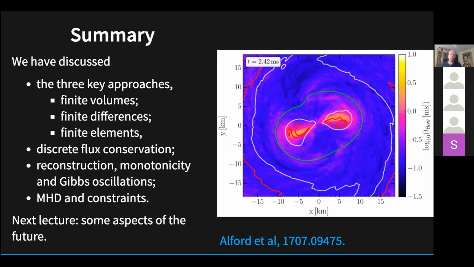From a more physical point of view, there are estimates of the impact of the diffusive and dissipative terms that you would see during particularly the in-spiral phase, and essentially they are negligible.